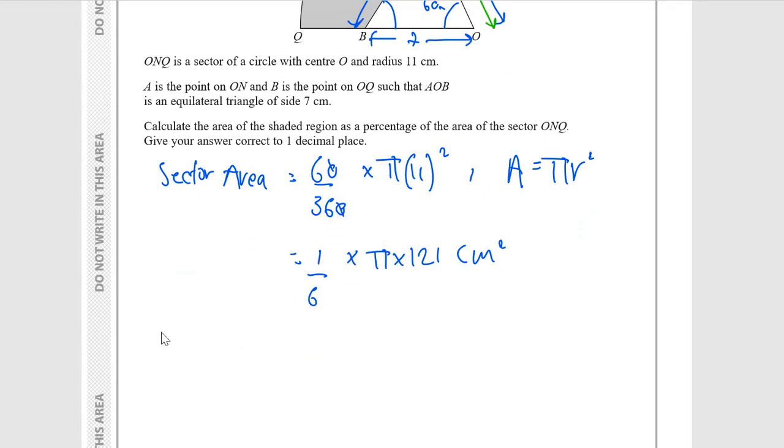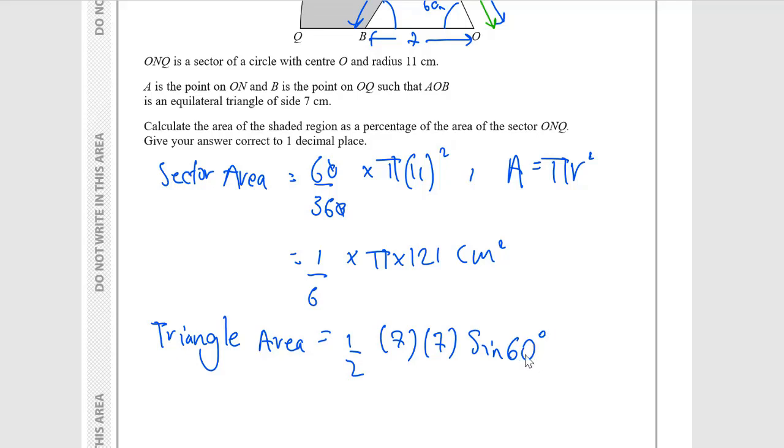And the triangle area, which is ultimately what we're going to subtract from the sector area, is going to be a half times A times B sine 60.